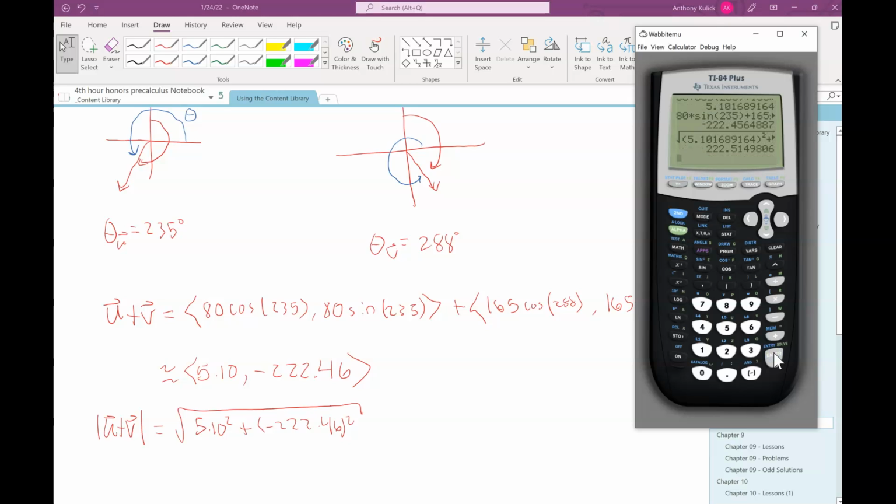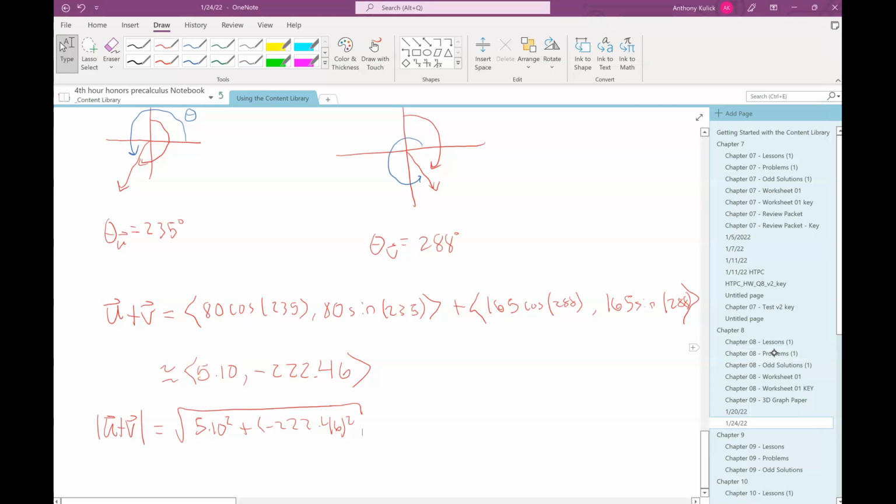So I do that, I get 222.51 nautical miles.